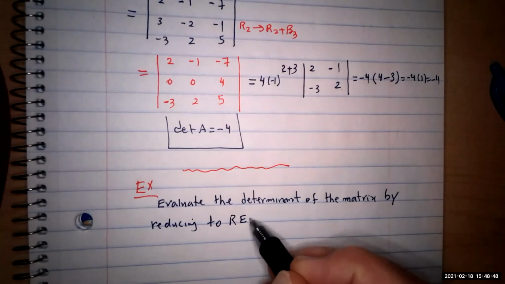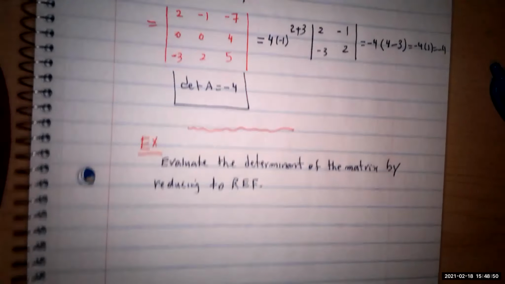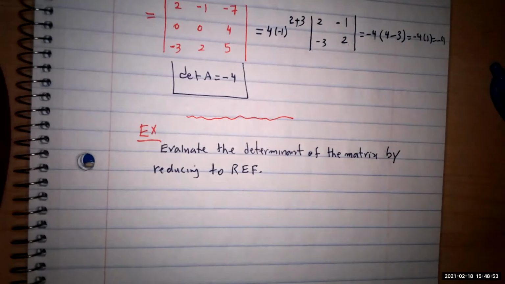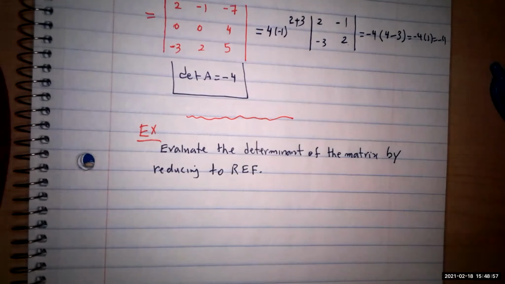Row echelon form. This means the leading non-zero number would be 1, a leading 1. Let's see how we're going to do it.